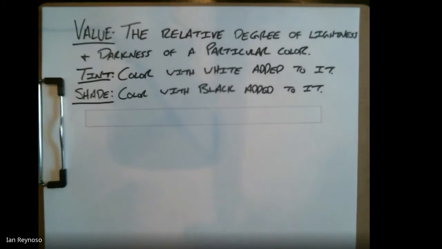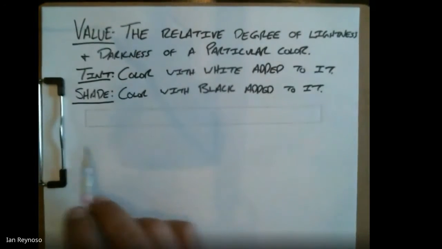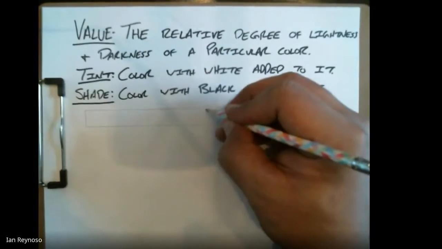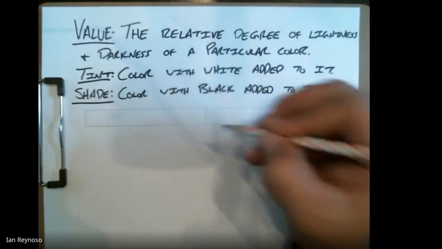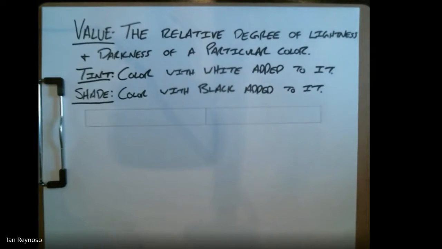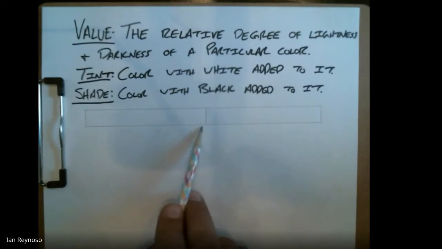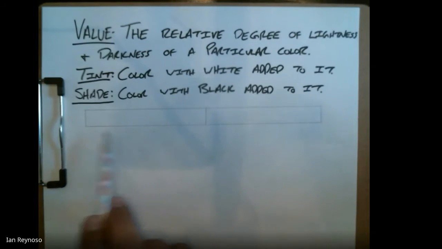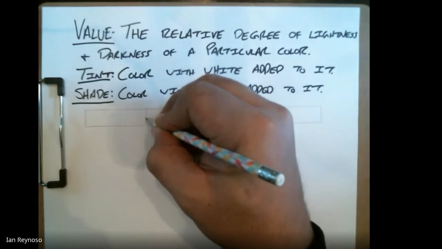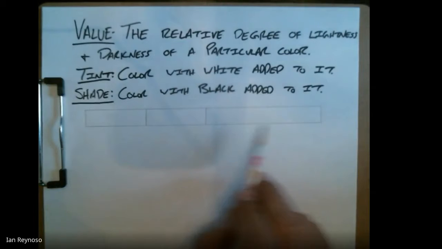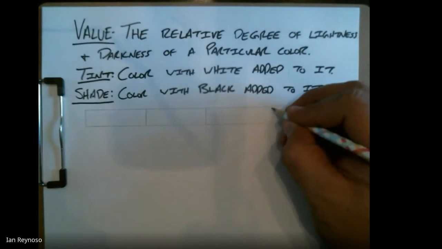Okay. This next part doesn't have to be perfect by any means. Right in the middle of this rectangle, I'm going to draw a line straight up and down. Then in the middle of the left half, I'm going to draw another line straight up and down, and in the middle of the right half, another line.